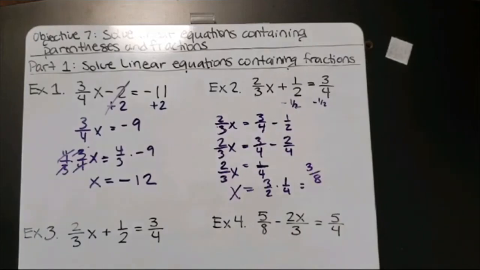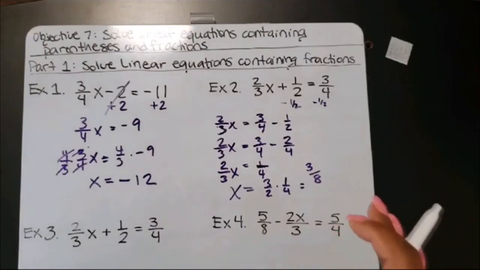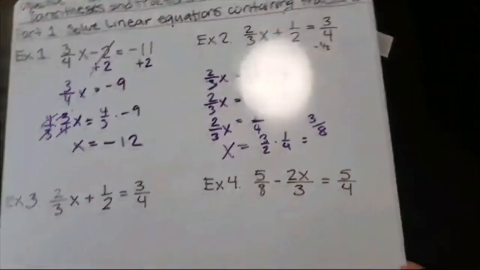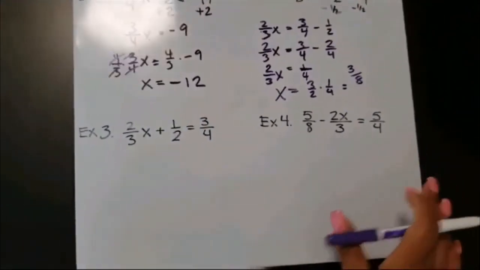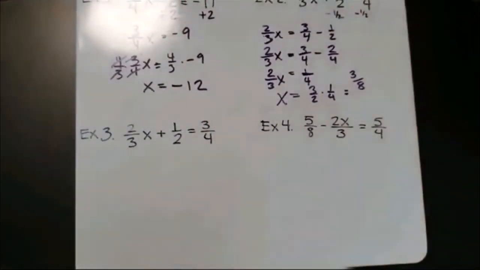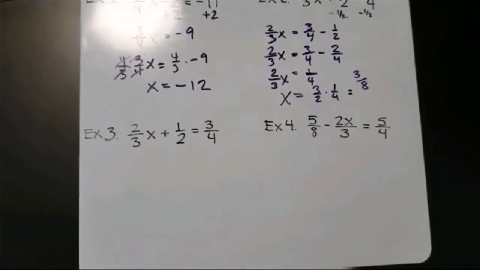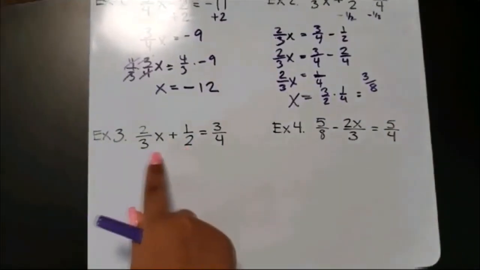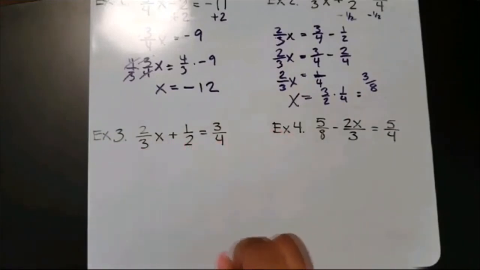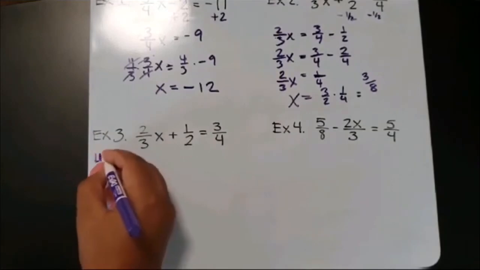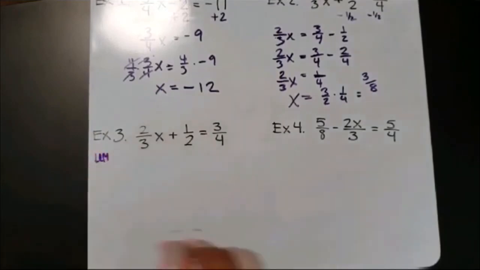So let's look at a different way of doing this type of problem by clearing the denominators. So we're going to look at the same problem, but we're going to clear our denominators first. So what we want to do, we want to look at the denominators 3, 2, and 4, and we want to find the LCM.